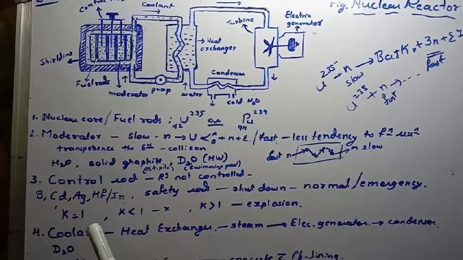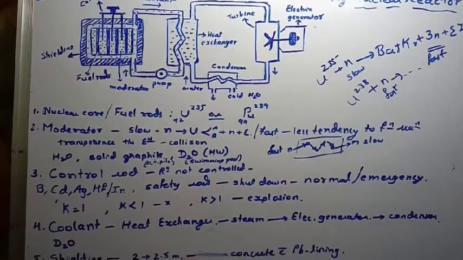Then these control rods are very necessary. When they are inserted to the maximum extent, the neutrons liberated during the fission reactions will be completely absorbed by the control rods or safety rods, and thereby the reaction will be stopped.